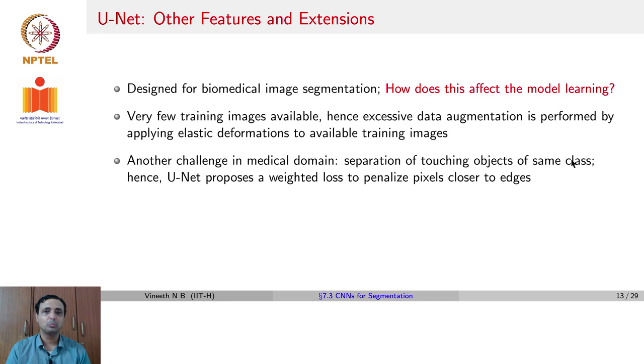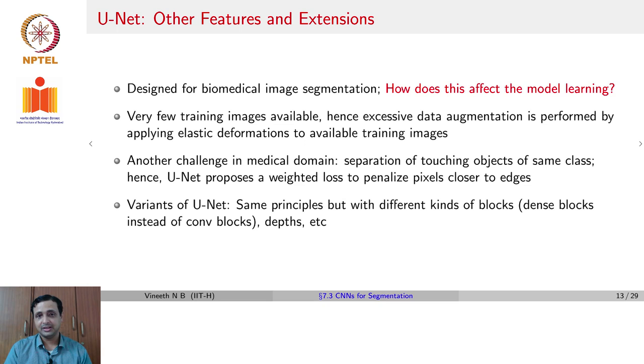So UNet also proposes a loss function which penalizes pixels closer to edges more than pixels away from edges. Edges are extremely critical for medical image segmentation. Over the years, there have been several variants of UNet, mostly by changing the architecture by replacing the convolutional blocks with dense blocks and increasing the depth of the UNet, and so on and so forth.